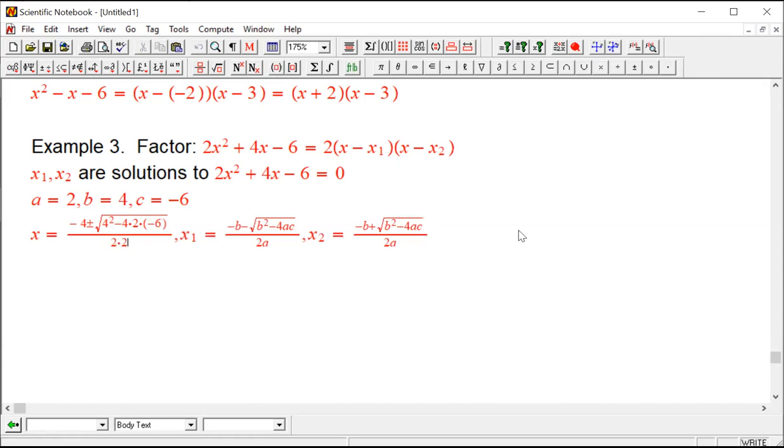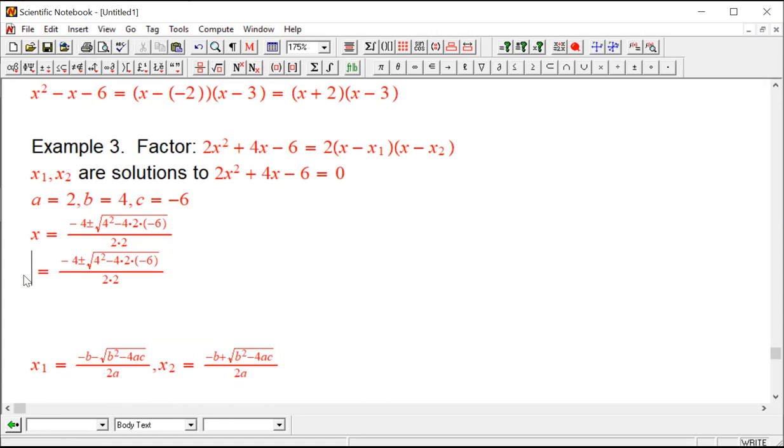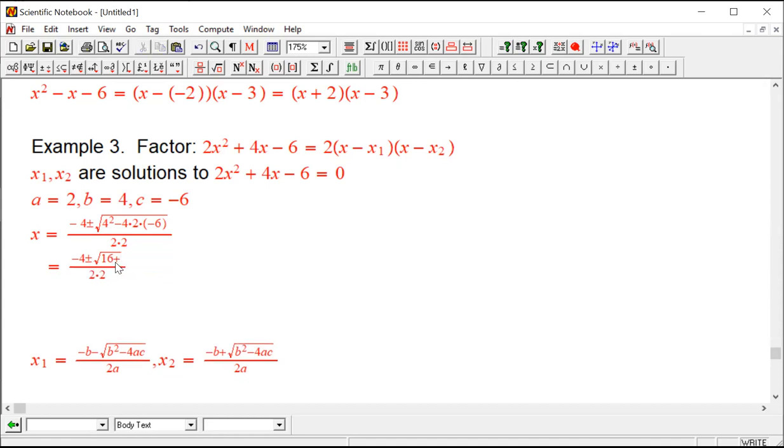A is 2. We're going to bring down the X1, X2 and let them wait for us. So -4 is here, just leave it there. 4 squared is 16. And -4 times 2 times -6: -8 times -6 is plus 48.